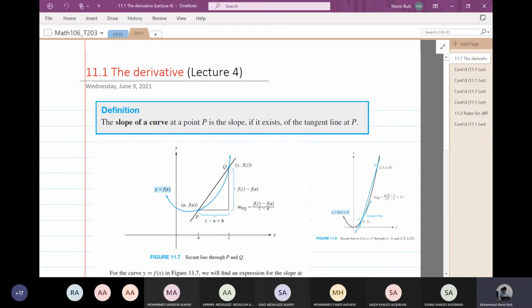Okay. So the objective of today's class is to study a new chapter, which is chapter number 11, and the section is 11.1, the derivative. This topic is actually the continuation of limit, continuity, and then the derivative.